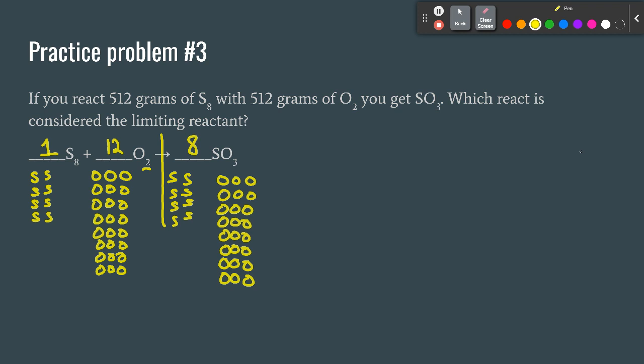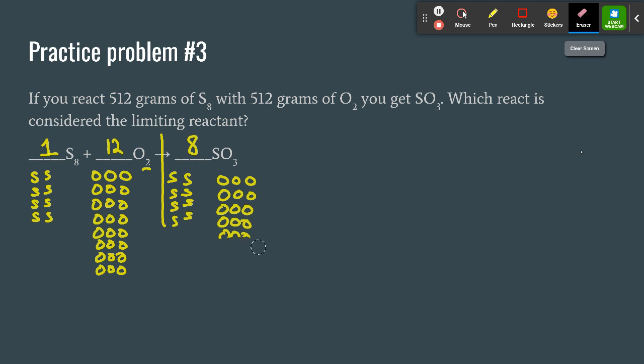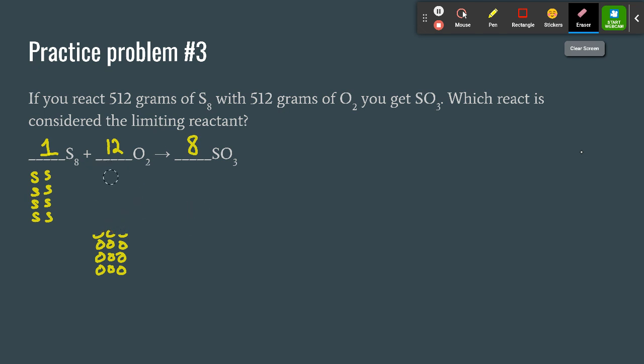All right. I hope you got the right answer. Let's work through these. I'm going to make a little bit of space for myself first here. We are going to be doing two-step stoichiometry problems, converting from grams to moles.